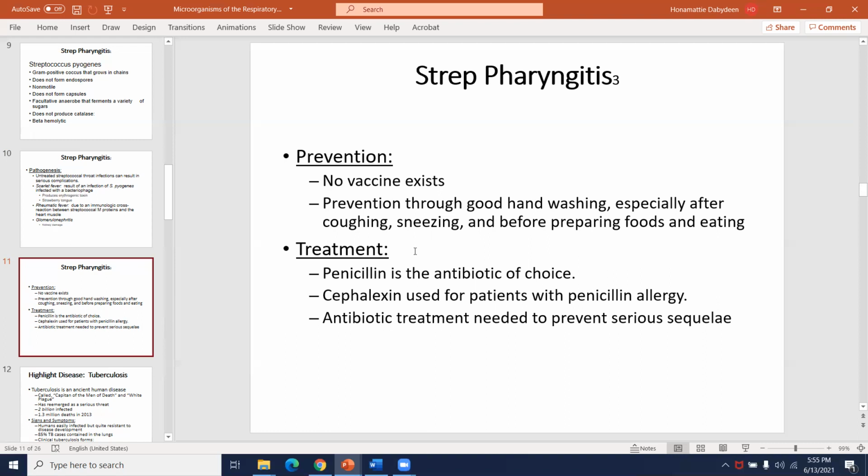Treatment. It's not very difficult to treat pharyngitis with Streptococcus pyogenes. Penicillin works very well. It is generally the antibiotic of choice. But remember, there are also penicillin allergies, and so we need to find other drugs that are also effective against the organism.